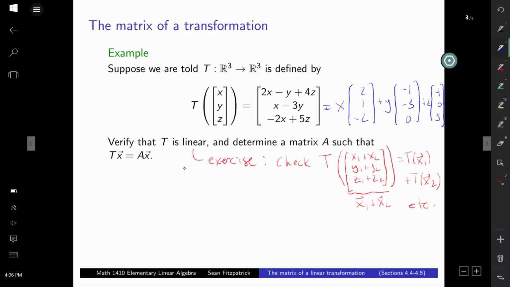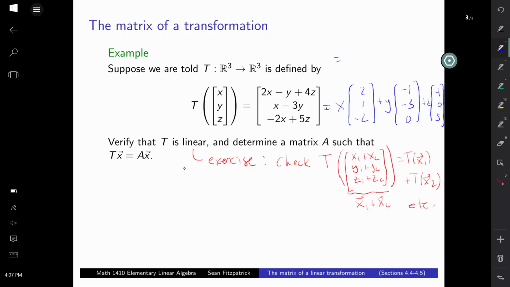Decompose this vector, which depends on 3 variables, into 3 vectors depending on 1 variable each. And if you reverse engineer this row-times-column rule from matrix multiplication. Remember, we said one of the ways you can do matrix times column is you form a linear combination of the columns of your matrix.